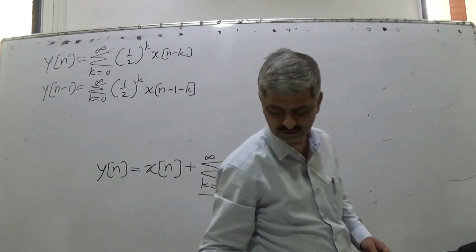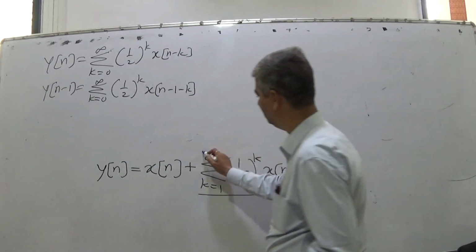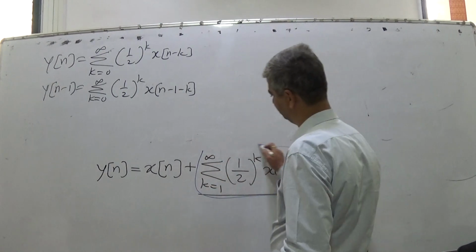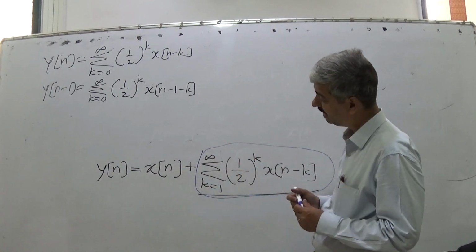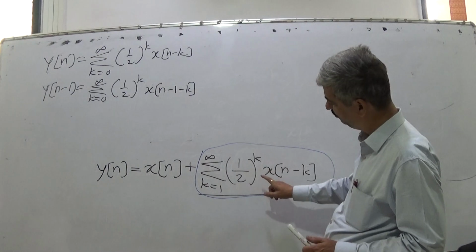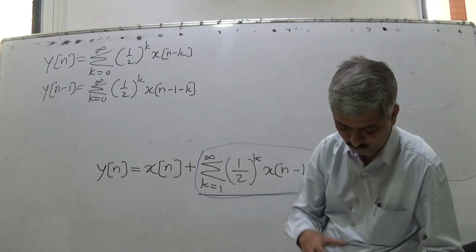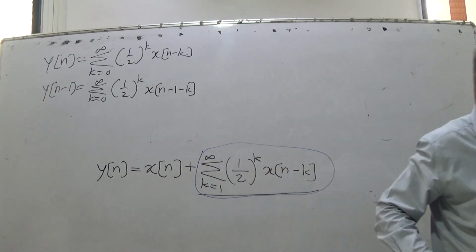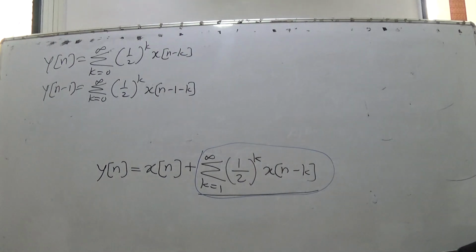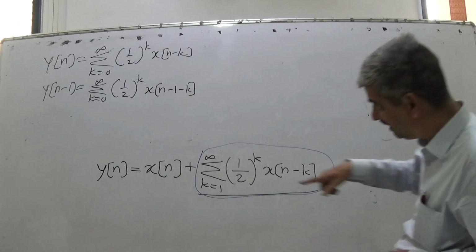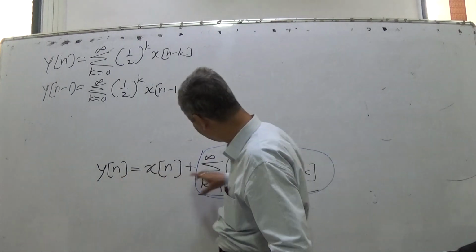Now I will focus on this particular part, and try to establish the purpose. We should not forget the purpose for which we are doing something. We have rearranged this, so Y is xn plus something.